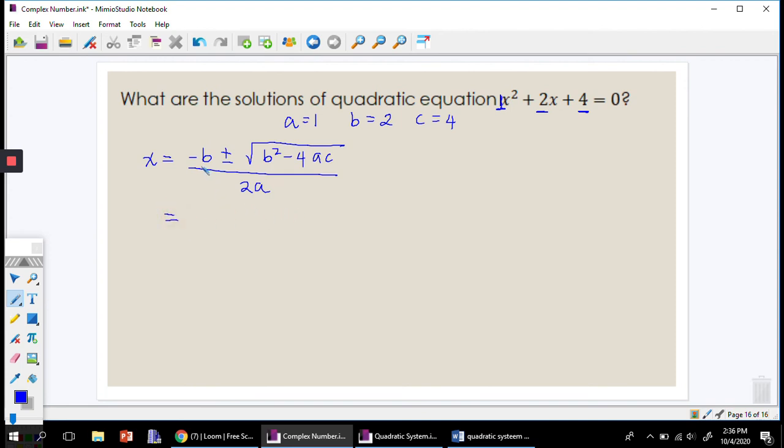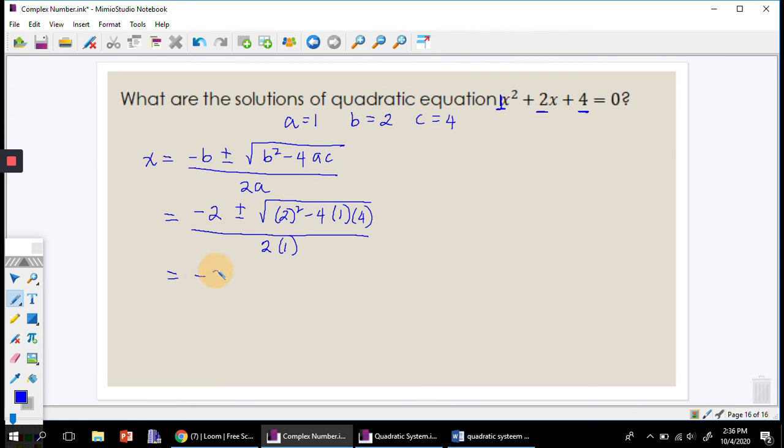Alright, so your -b will be -2 plus minus the square root of your b, which is 2, so 2 squared minus 4 times 1 times 4, over 2 times 1. Okay, I just plug in whatever value of my a, b, and c into the given formula. I just follow this.